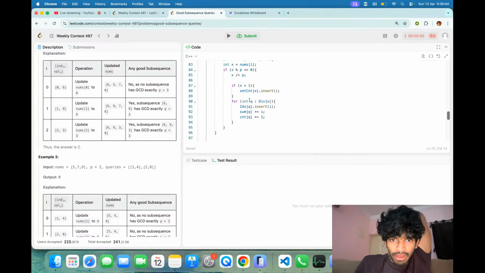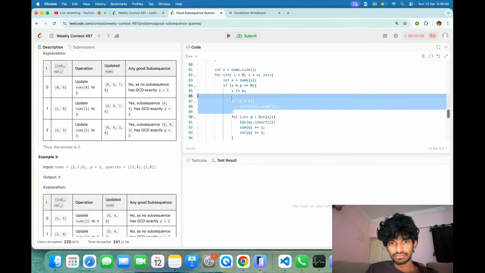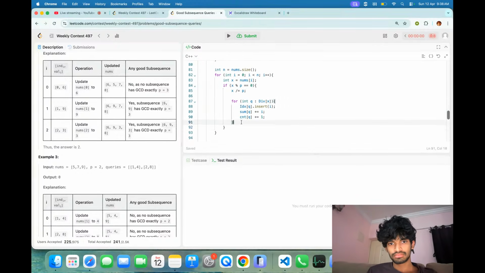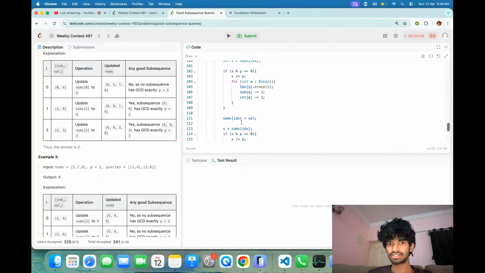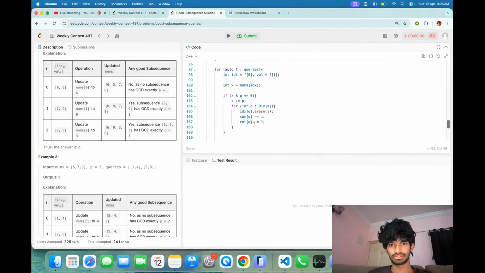I think I need not skip x. We added once, we'll erase it once.